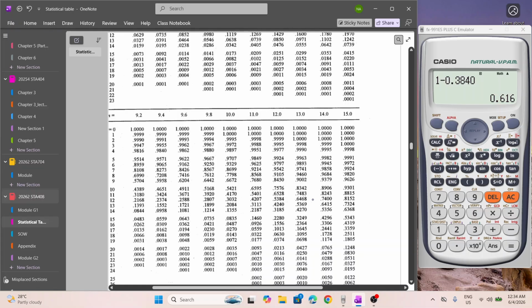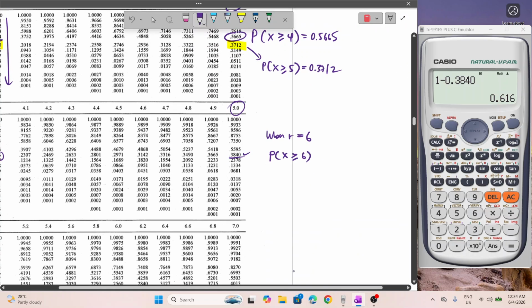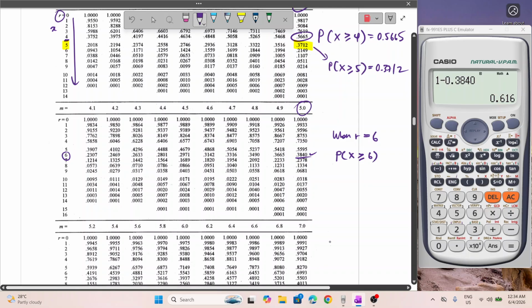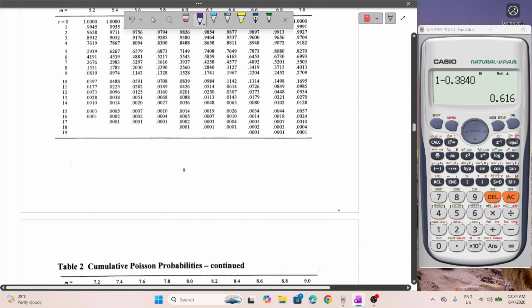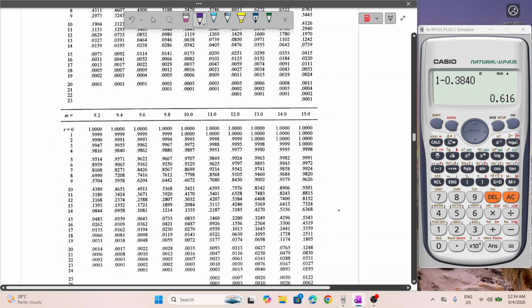Find lambda equal to 10, and x greater than or equal to 5.